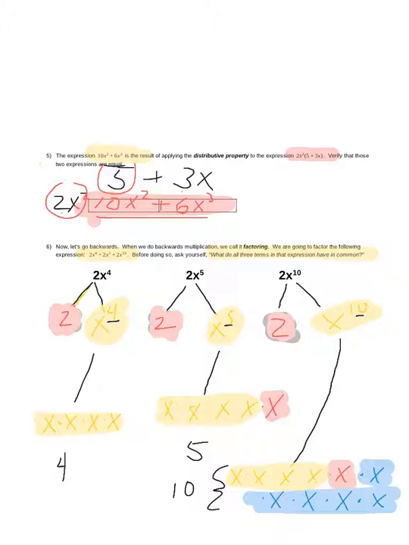So what I want to do then is, what I have in common is 2 times x times x times x times x. And that is simply 2x to the 4th.